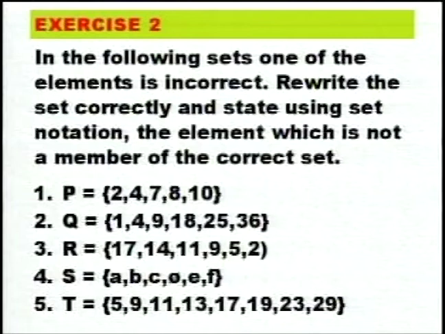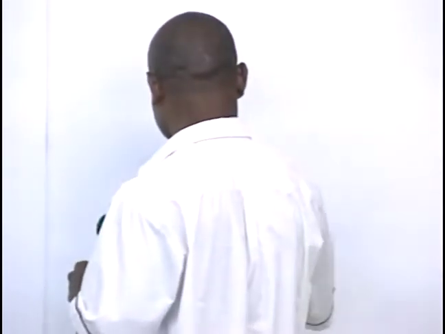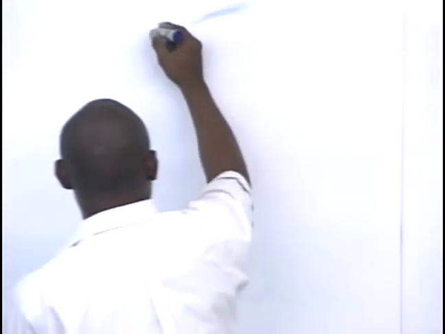For number 1, 7 is not a member of the set. Why? Because it's an odd number. It's an odd number, okay. Right in the middle, right at the top. Number 1, okay.